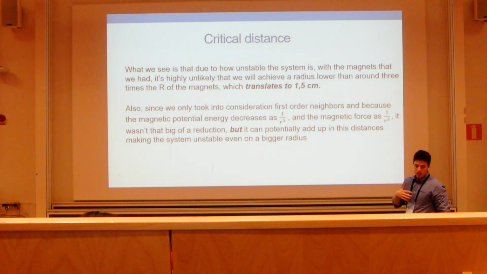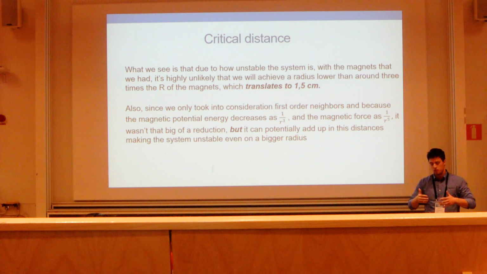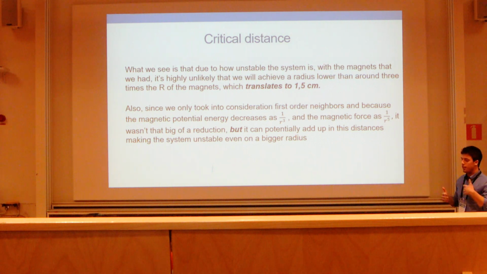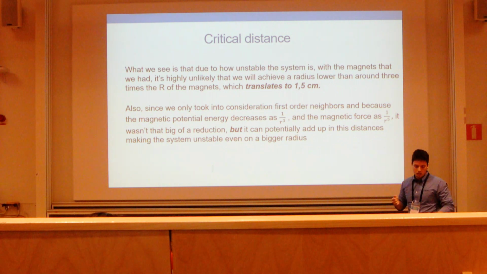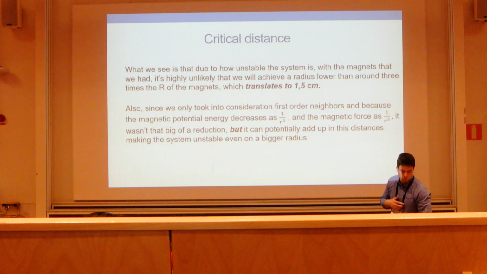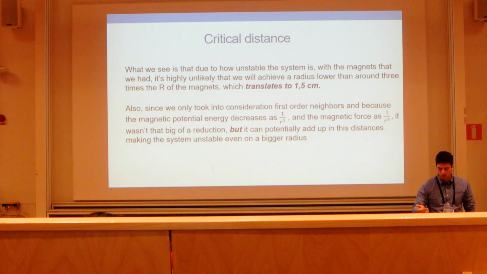What we see is that, due to how unstable the system is with the magnets that we have, it's highly unlikely that you can succeed in a lab with a radius lower than 3 times the R of the original magnets, which translates to 1.5 centimeters.